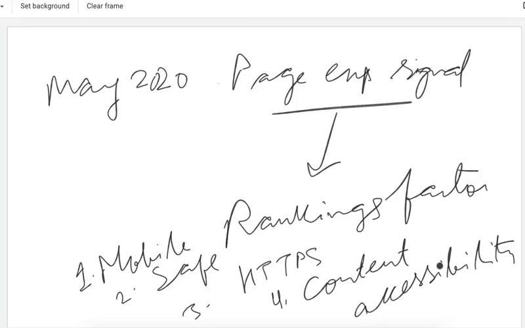So the core web vitals became a ranking signal, as per the SEO and the tech community, in June 2021. So this is the timeline why the core web vitals are important.